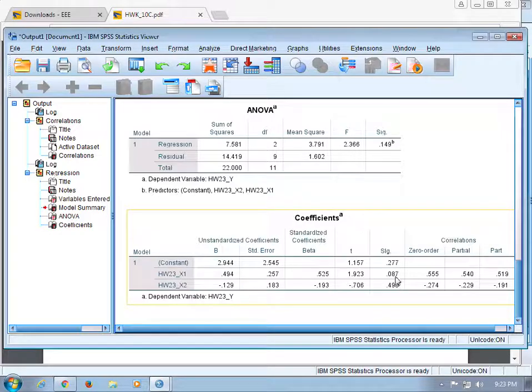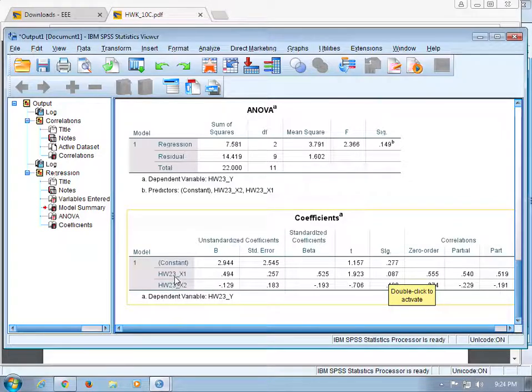And so for me, both of these are above 0.05, which is a kind of high standard alpha. So the conclusion that you'd reach from this hypothesis test would be to fail to reject the null.